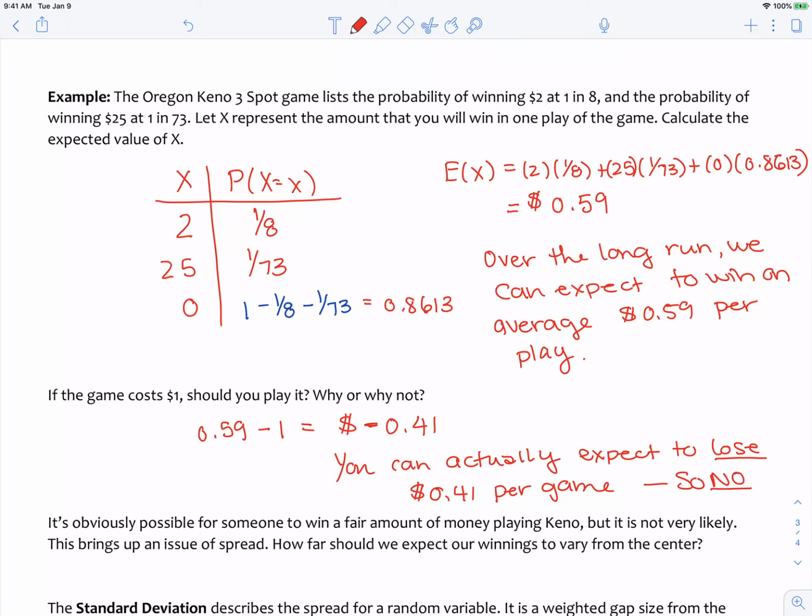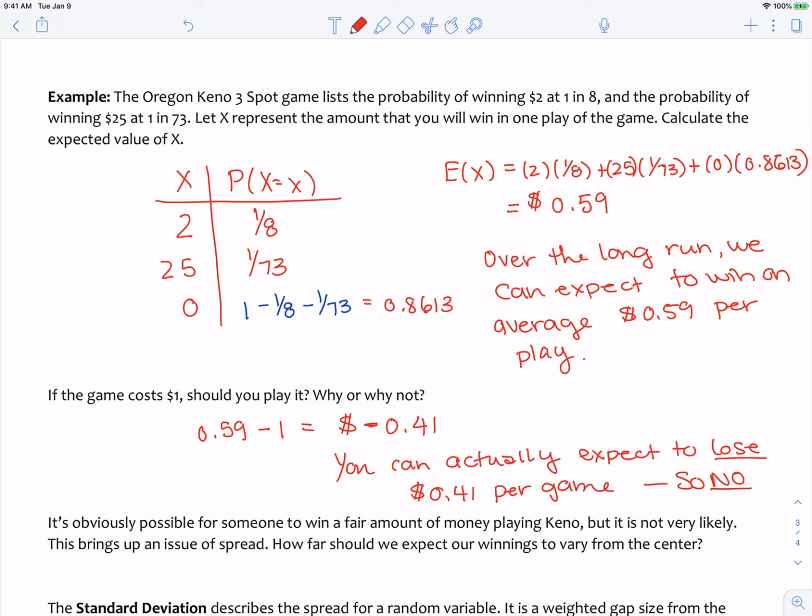And this is how we'll usually make a decision on whether something is worth using for investment purposes or what have you. And most of these games are going to come out with a negative net winnings, and that means we don't want to play them for investment purposes. If we keep playing it over and over again, we can expect on average to lose on each of them.